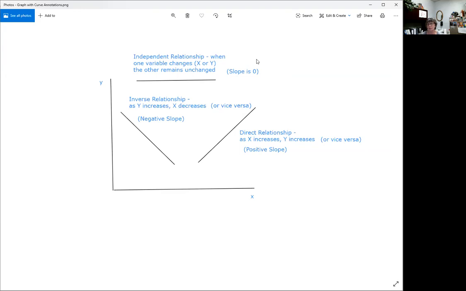So if you see a graph like that showing some product on Y and some other product on X and the line is straight, it just means that they don't affect each other and there's no change at all. For example, the sales of bottled water probably would not affect the sales of whiskey.